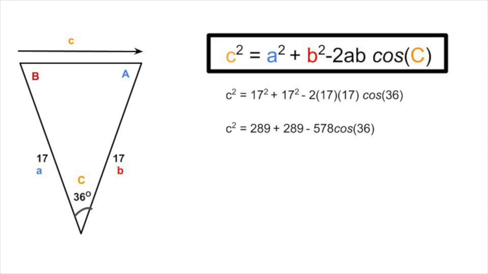So c squared equals 289 plus 289 minus 578 cos 36. C squared equals 578 minus 578 cos 36.